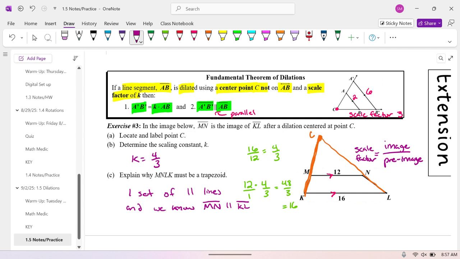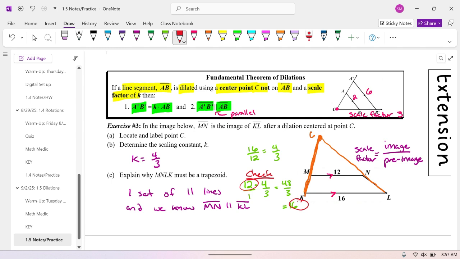Just to check that I had the correct scale factor. Basically, this is just a check to make sure that if I went from 12 and multiplied by 4/3, I would get 16. Because sometimes with fractions, I get confused which one I divide by. So that's kind of like my check.